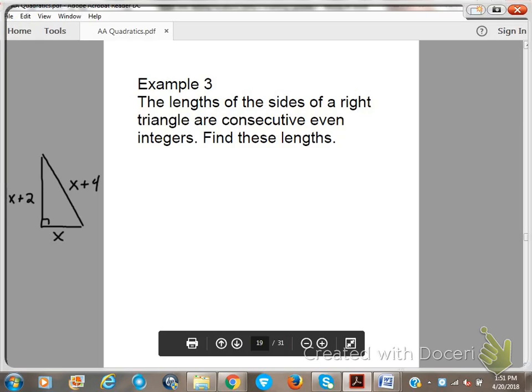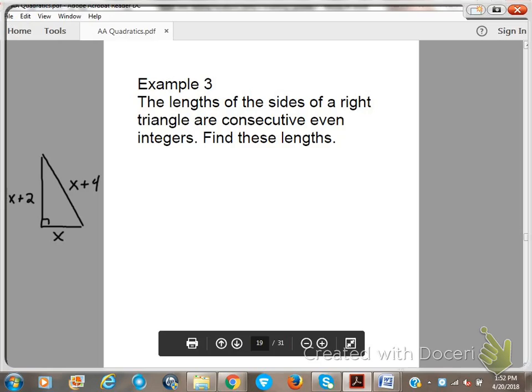Okay. Now, if you have a right triangle like this, what can you use to set up an equation? It has to equal something, doesn't it? Does it have to equal 180 or anything like that, or no? Not quite. You're close, though. Pythagorean theorem. A squared plus b squared equals c squared.